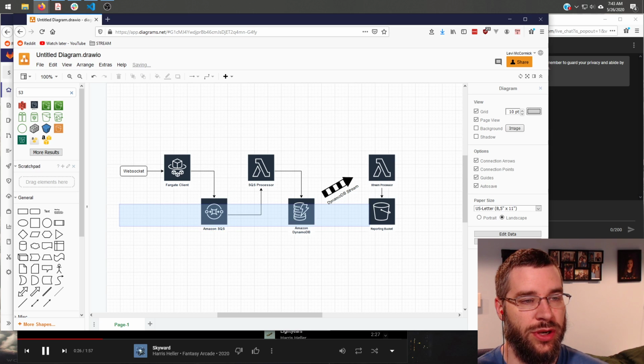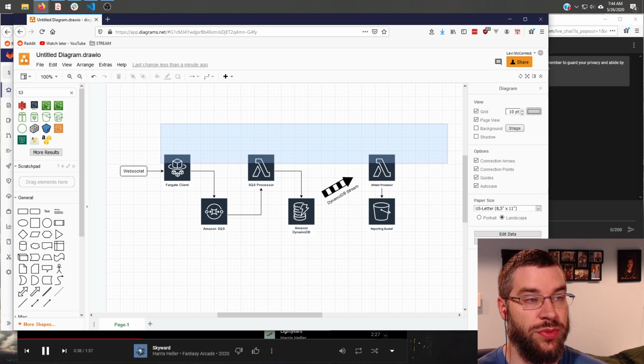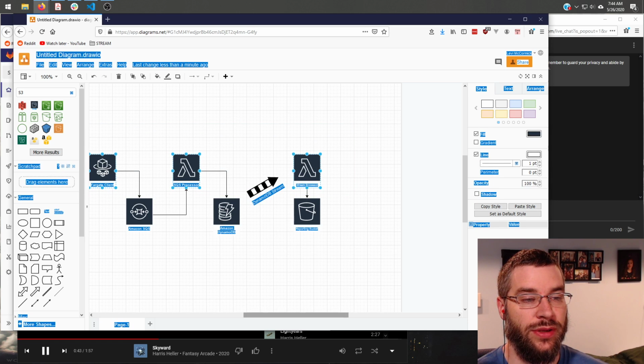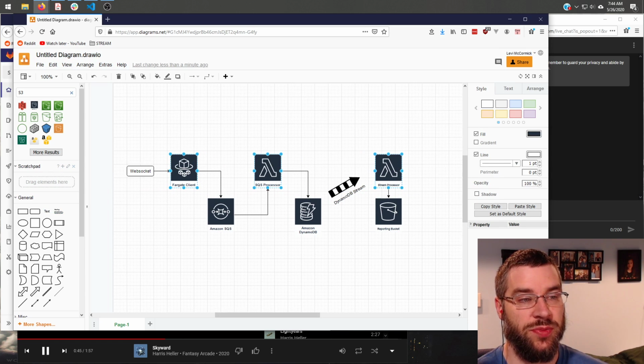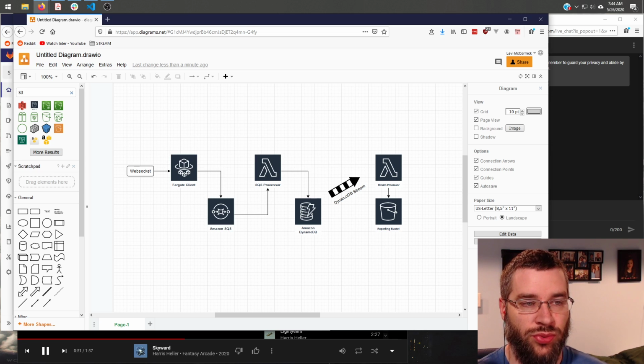But everything down here is our data layer. This is where information lives long term. And then everything up here should be ephemeral and as stateless as possible, and then probably deploy things in that manner.